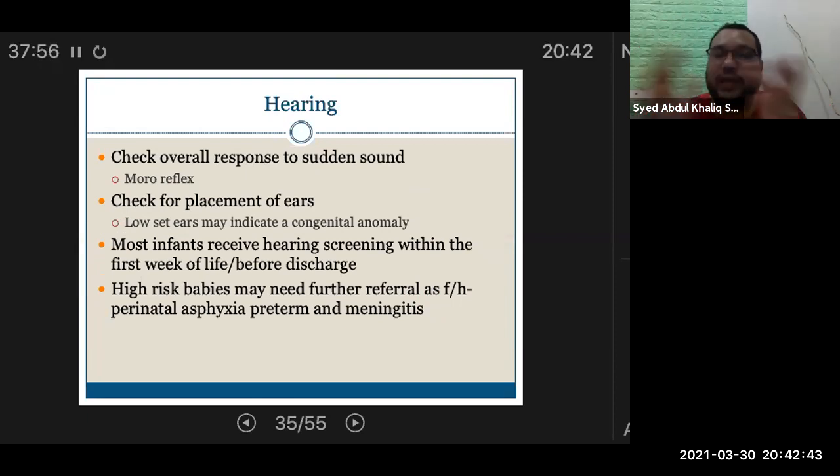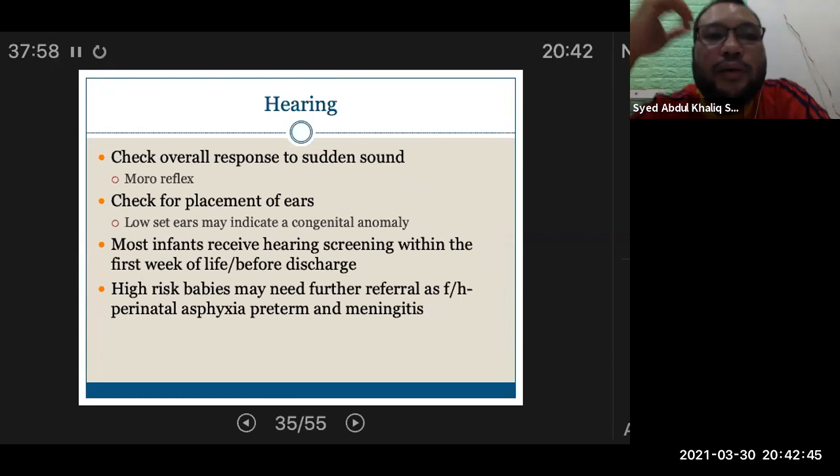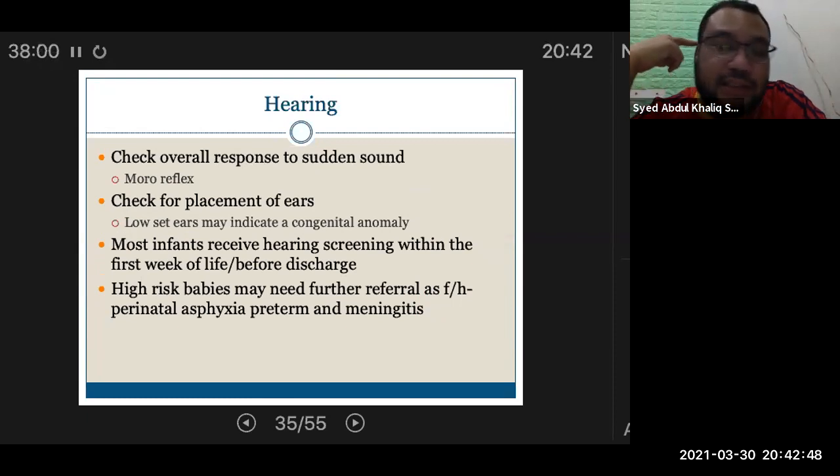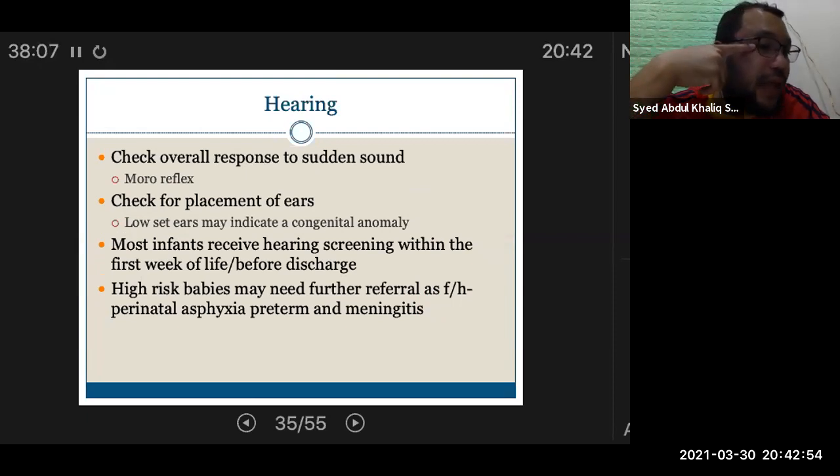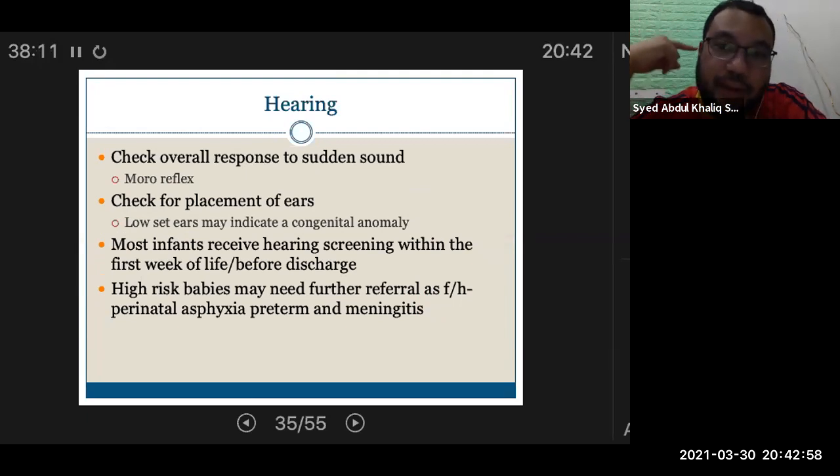Sometimes they hear a sound, you clap, they do the Moro reflex. And then look whether there are any low set ears. Low set ear means that if you make an imaginary line from the eye to the occiput, it should cross the ear. But if it doesn't cross, then probably there's a low set ear.